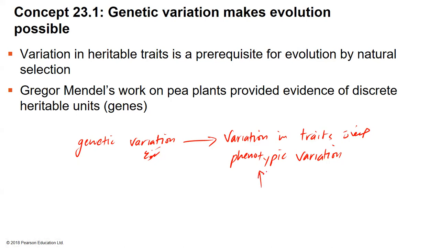So phenotypic variation is determined by genetic variation, but also by environmental factors, عوامل. Okay.